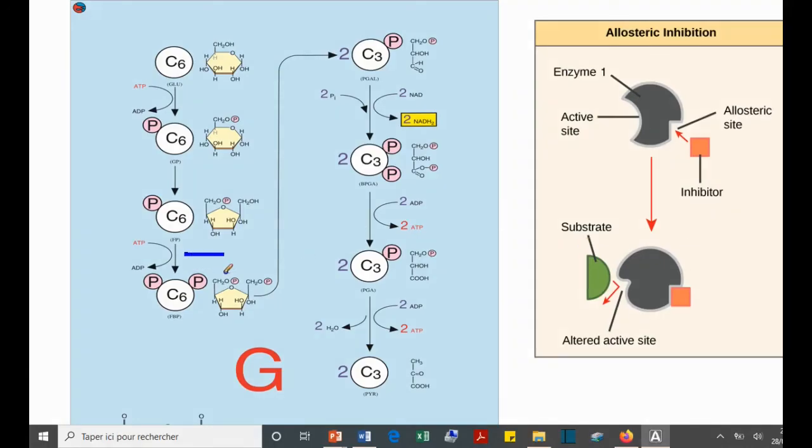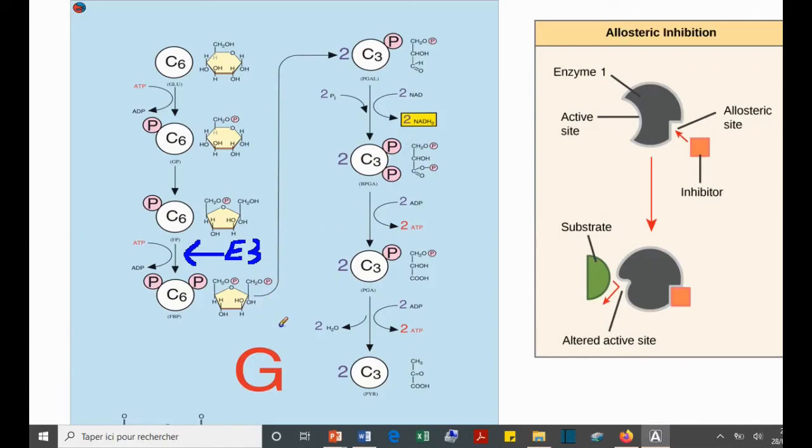So you remember that all of these steps, they are speeded up by an enzyme. So enzyme 3 here, this enzyme will have this allosteric inhibition by ATP and citrate.